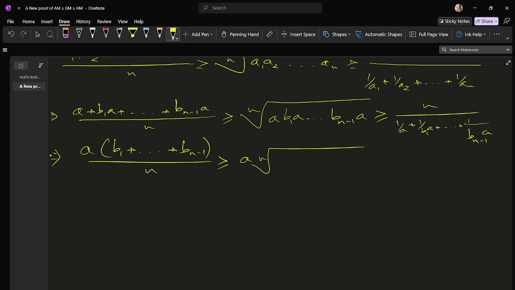Now here will lie n and b1 up to b(n minus 1), greater than or equal to, and we will get n, and 1 by a will be common in the denominator, so if we take it to the numerator it will be 1.